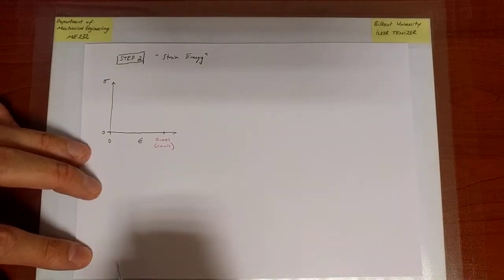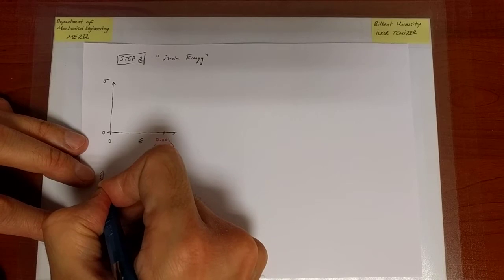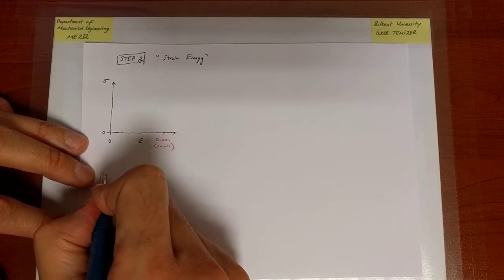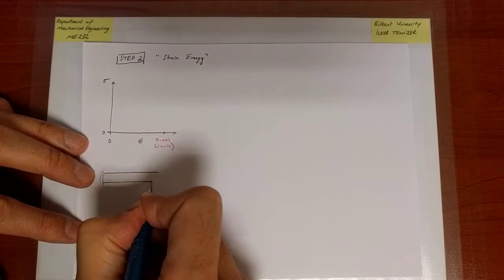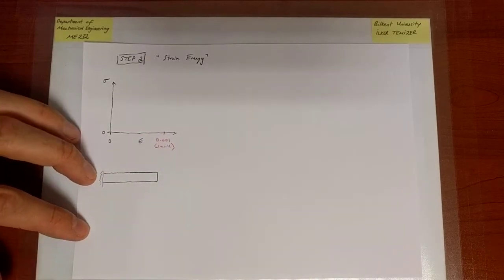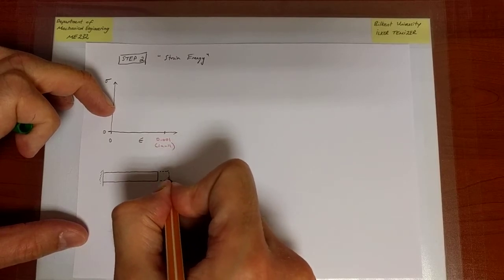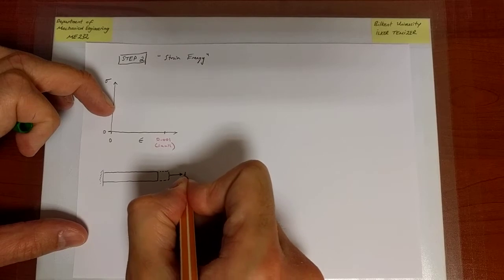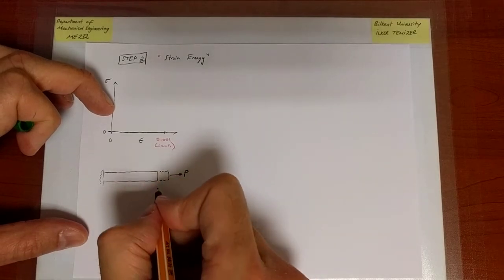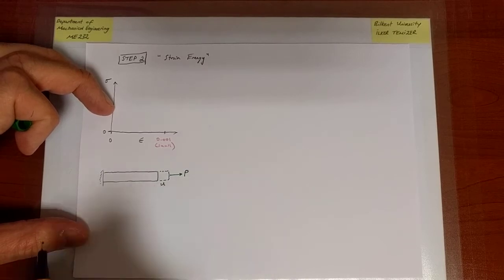So what we're looking at, if you like, is a structure, and let's consider an axial load that's imposed on that structure. So the structure is going to extend by a certain amount under the action of a load. The more I pull, the more force I expect to be generated, and the deformation caused is through a displacement u.